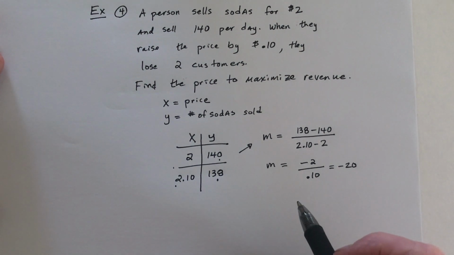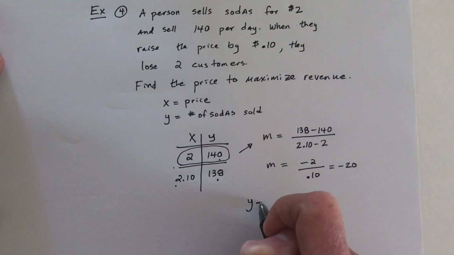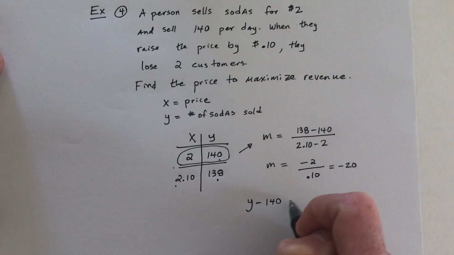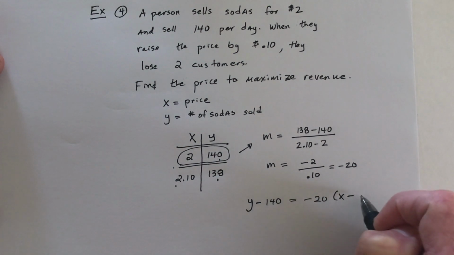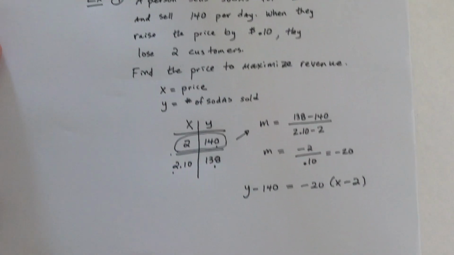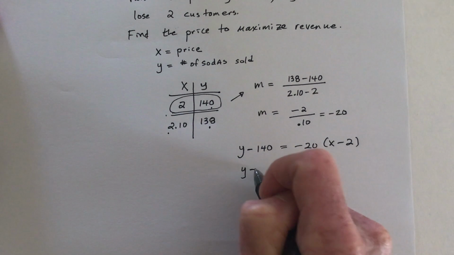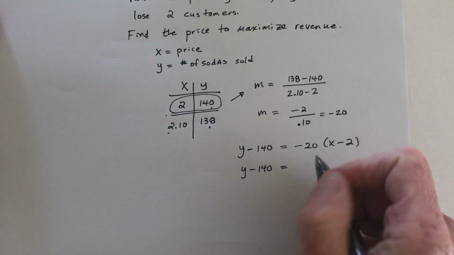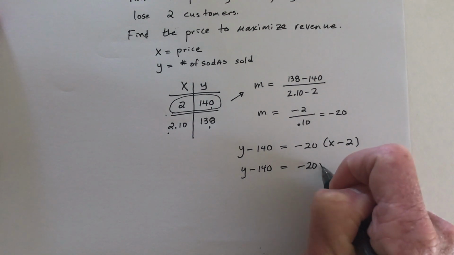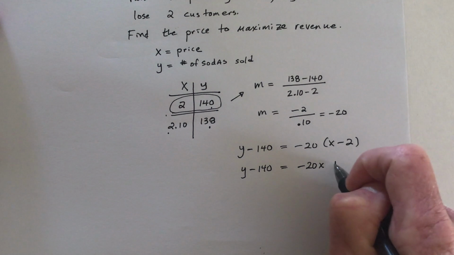Now find the equation of the line. So I'm going to use this right here and go y minus the y value of 140 equals the slope times x minus the x value of 2. And then I need to clean this up. So on the right side, I'm going to distribute negative 20 times x. And negative 20 times negative 2 is going to be a positive 40.